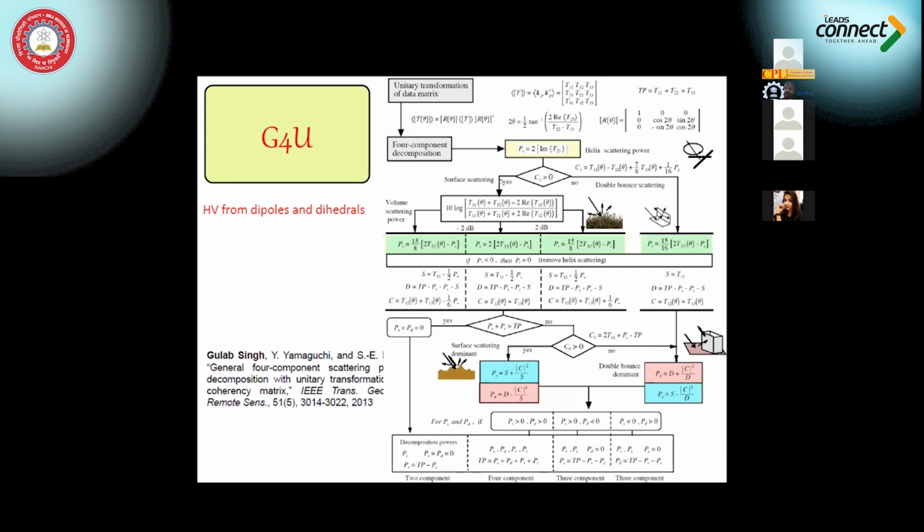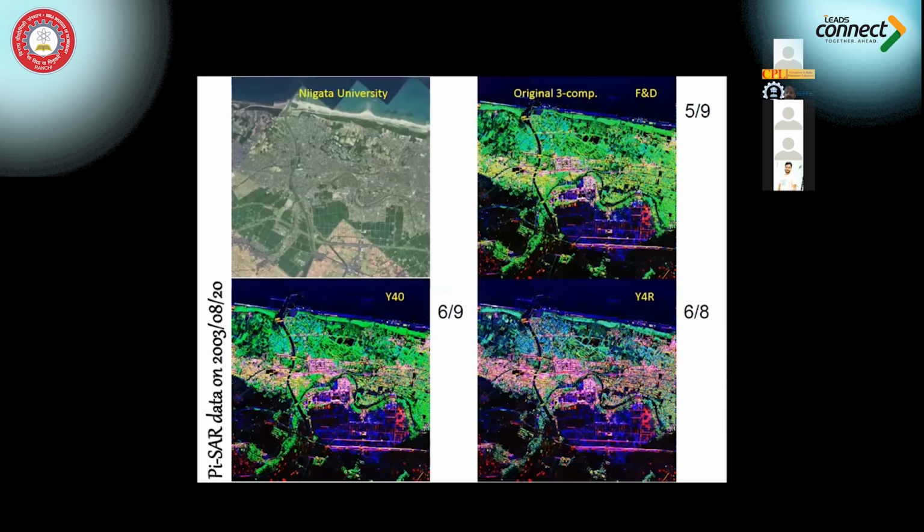First you decide whether the scattering is coming from the urban area or the vegetation area by utilizing the branch condition. Once you decide, you go equation by equation to solve and get the surface scattering and double bounce scattering. So this is very easy. You can implement it and get the different scattering components.